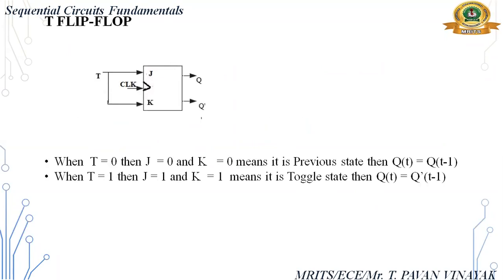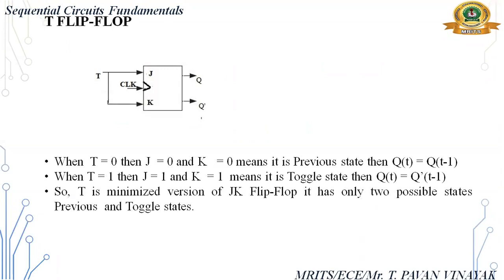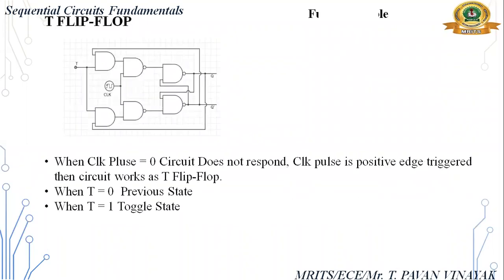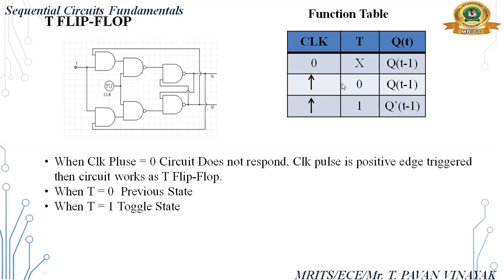When T is 0, previous state. When T is 1, toggle state, which means complement.